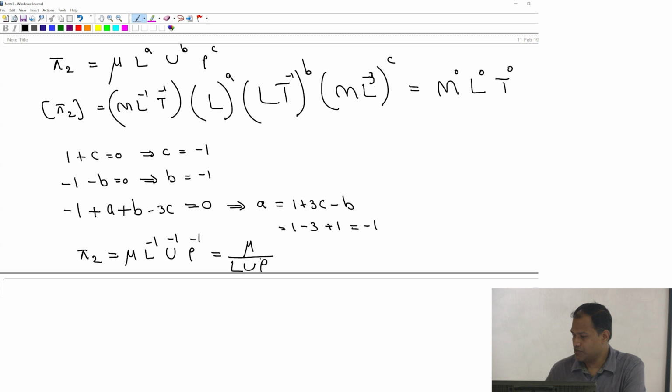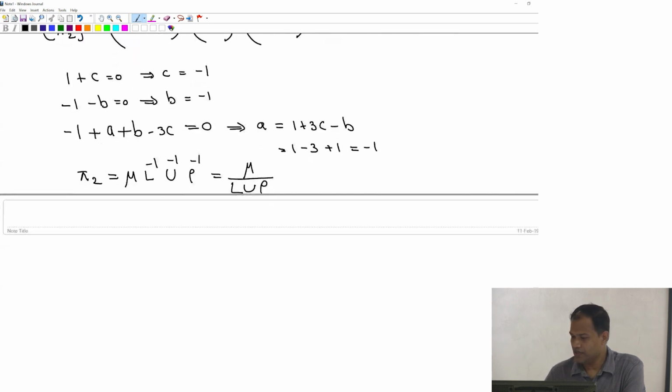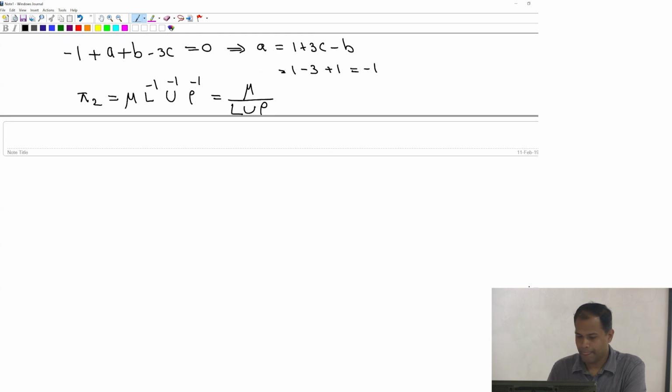Okay. So, we have identified therefore pi 1 as f by rho u square L square, pi 2 as, I'll just write it as mu by L u rho.